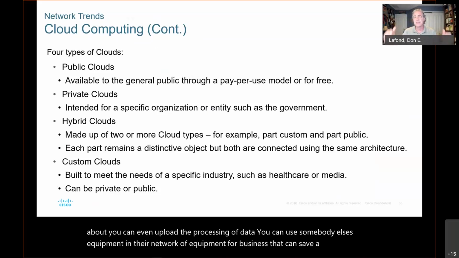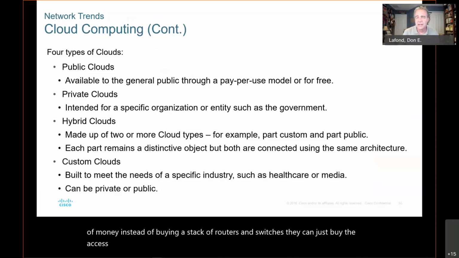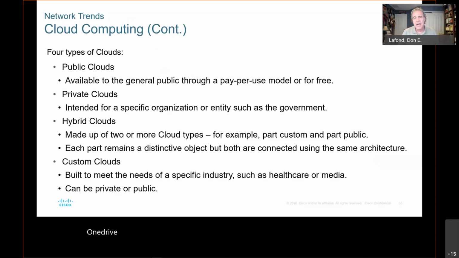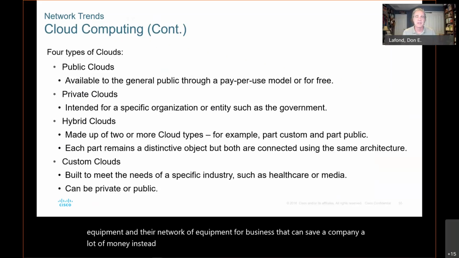Instead of buying a stack of routers and switches, they can just buy the access to routers and switches and servers on somebody else's network and pay a small price, which is awesome, especially if you don't know if you're going to survive, right? Will you ever get your money back for the investment in the hardware that you would have to invest in to get your company up and running?